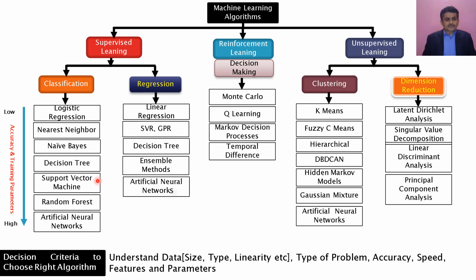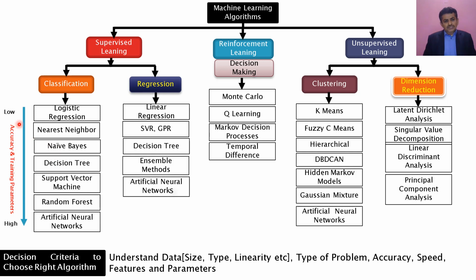Then we have support vector machine, which works on the principle of hyperplanes. Random forest draws different trees and then makes the decision based on the majority votes. And finally, the artificial neural network works based on the working of the human brain.